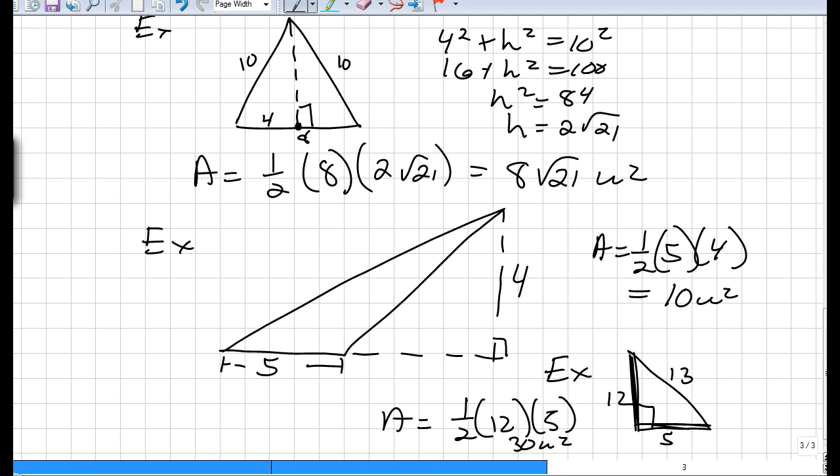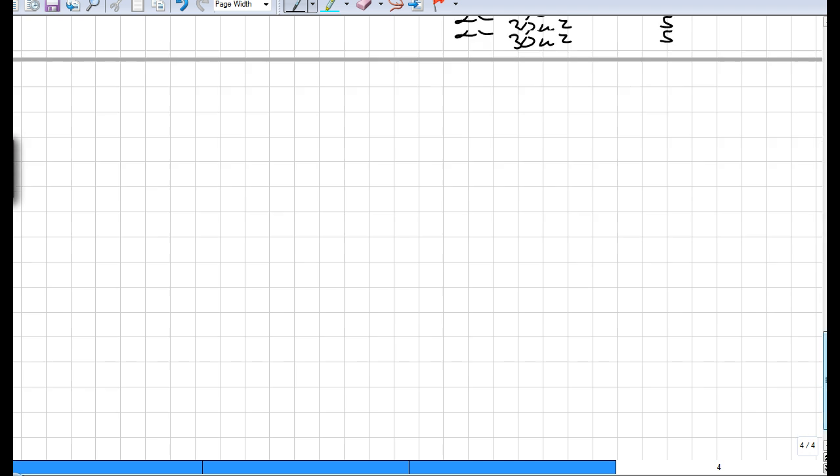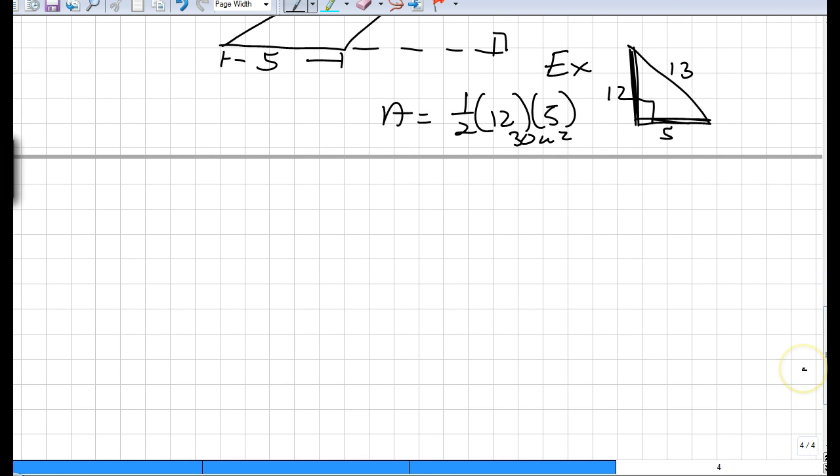All right, then we have a special case. So a rhombus, remember, is also a parallelogram. And so we can use the formula for a parallelogram on a rhombus. But it turns out that there's also another way to find the area. So on a rhombus, we have 2 choices depending on what information we know.